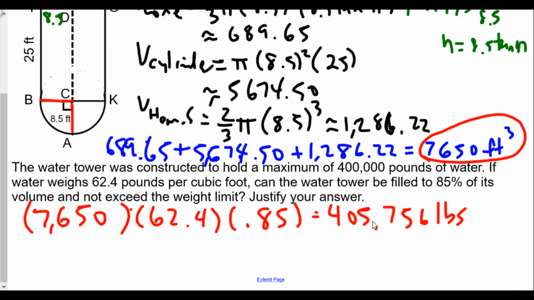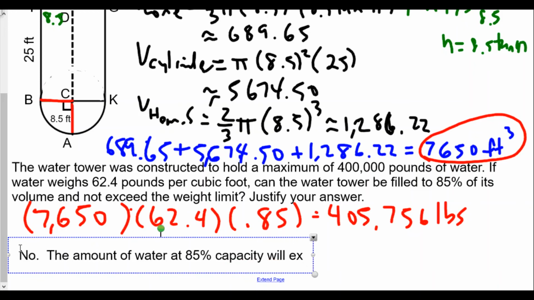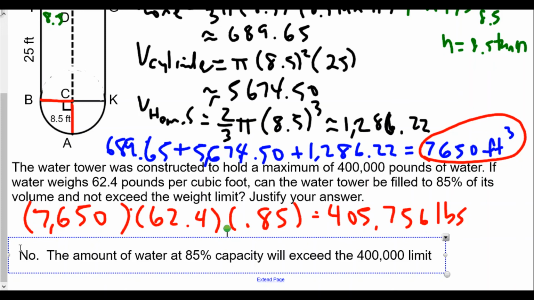And so the answer in this case is no. The amount of water at 85% capacity will exceed the 400,000 pound limit by 5,756 pounds.